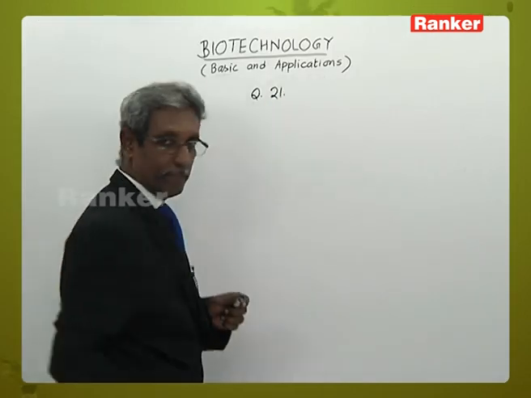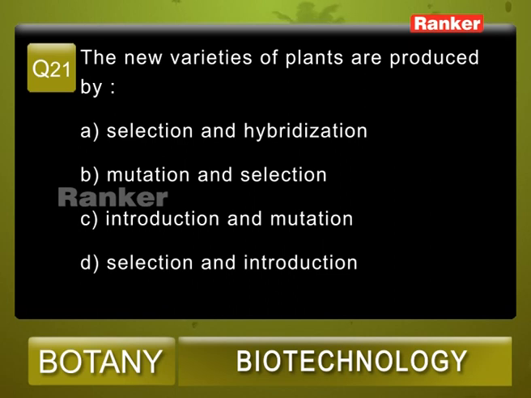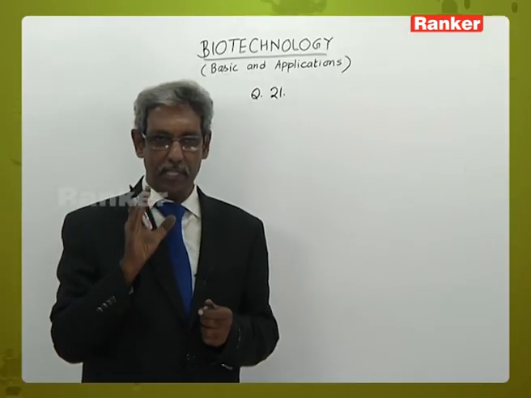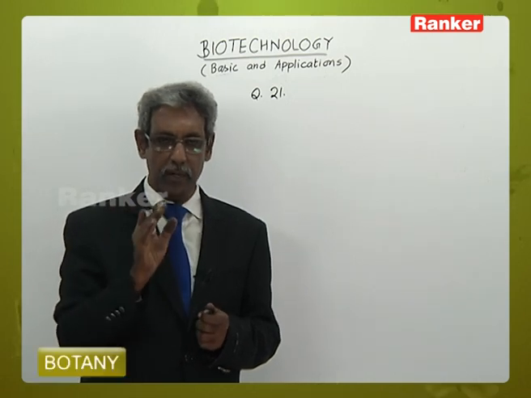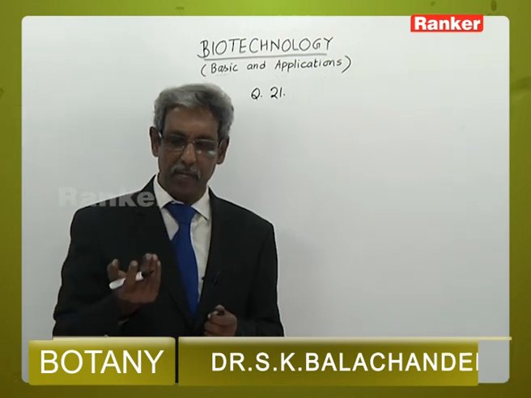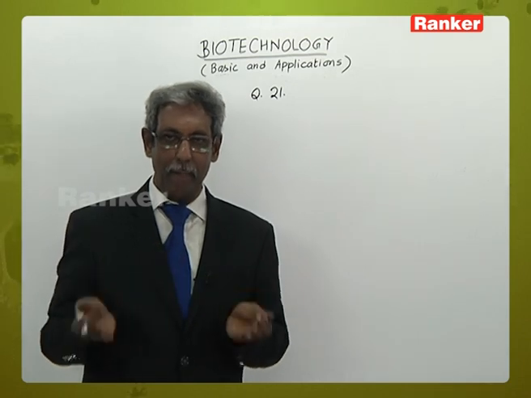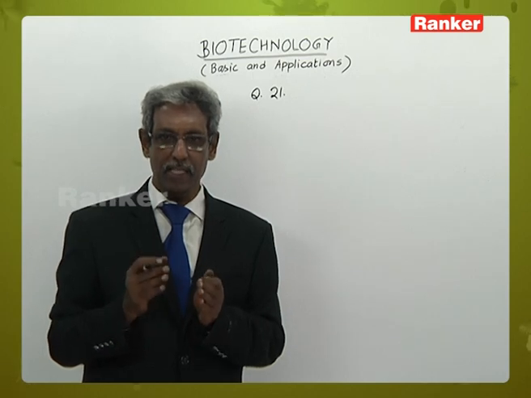Question number 21. New varieties of plants are produced by: A, selection and hybridization; B, mutation and selection; C, introduction and mutation; D, selection and introduction. We understand that the first step in plant breeding is selection. After you select plants for superior characters, next you breed them, and the crossing of two plants is termed hybridization.